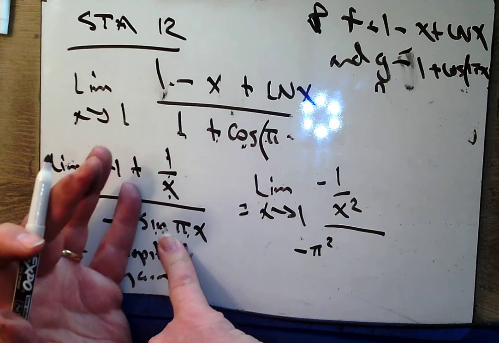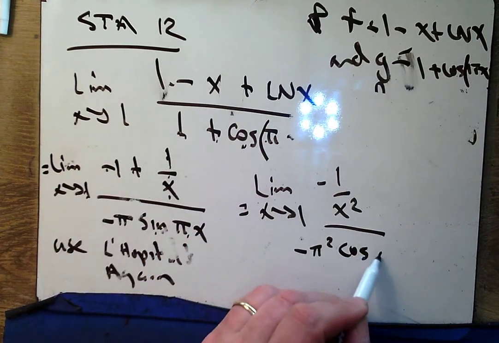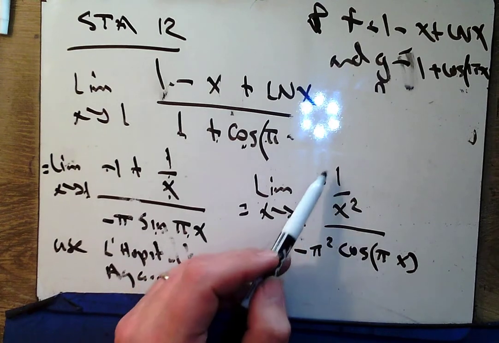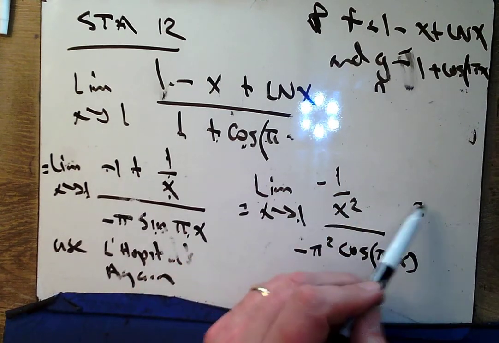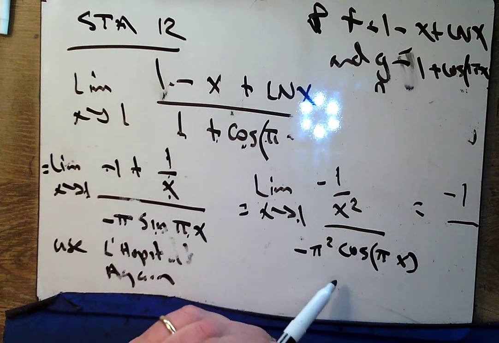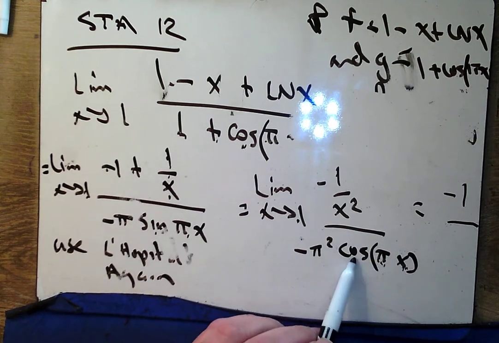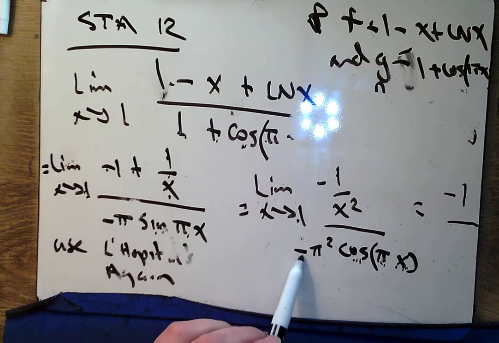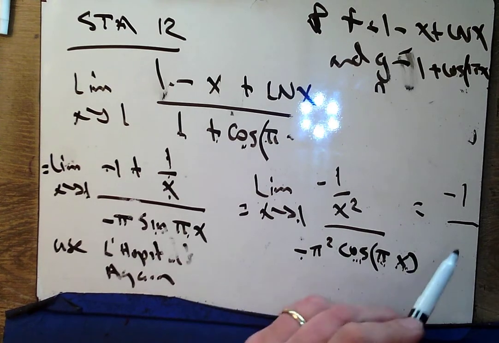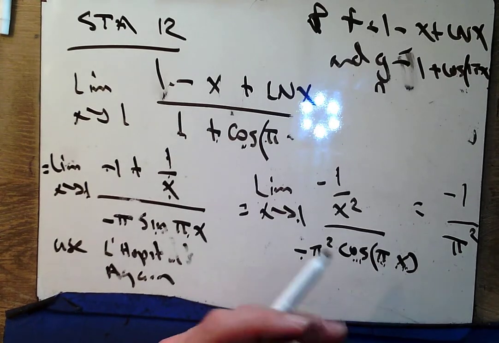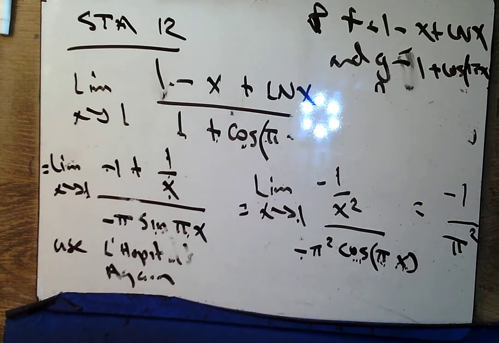I need to say that the derivative of sine is cosine pi x. Okay, let's plug in our 1. So we've got negative 1 over 1. And in the bottom, if I plug in a 1 here, 1 times pi is pi. Cosine of pi is negative 1. Negative 1 times negative pi squared is positive pi squared. And there we go.